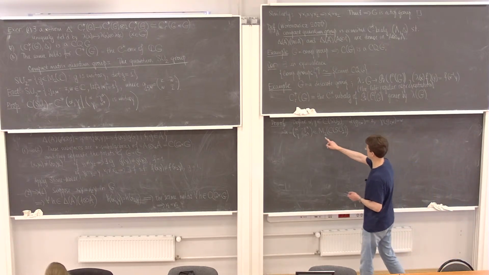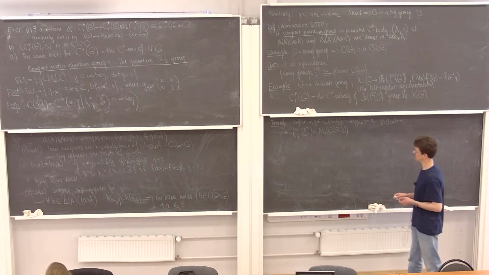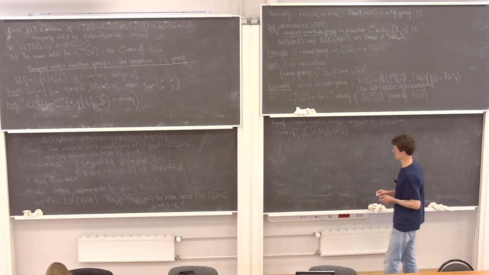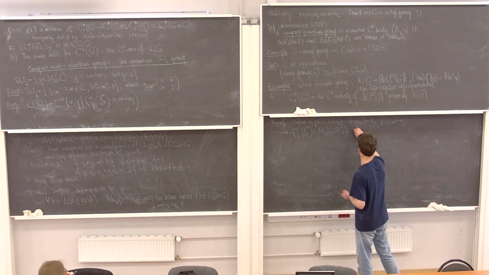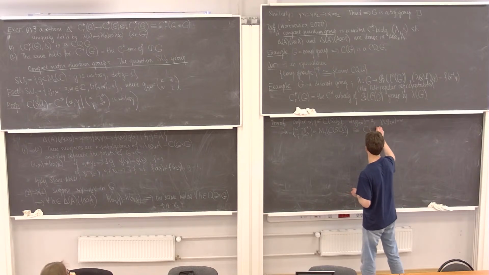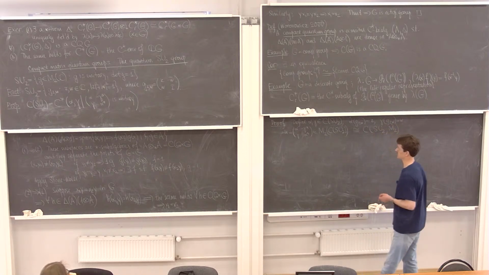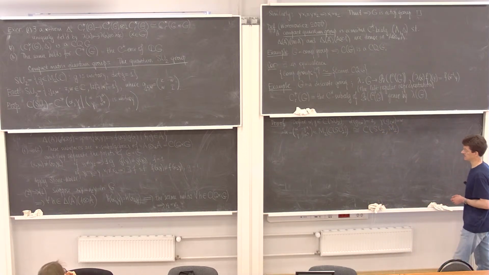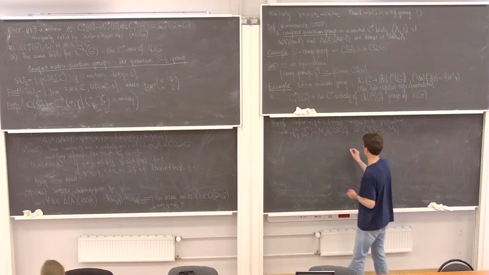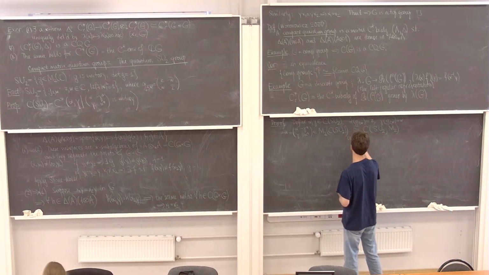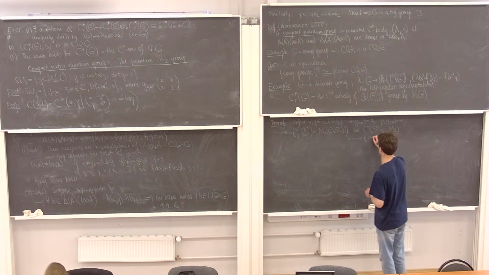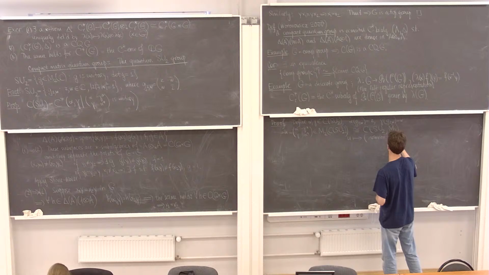We identify the matrix algebra over the algebra of continuous functions with the algebra of matrix-valued continuous functions on SU2 in the obvious way. And under this identification, this matrix U corresponds to the inclusion map of SU2 into M2.